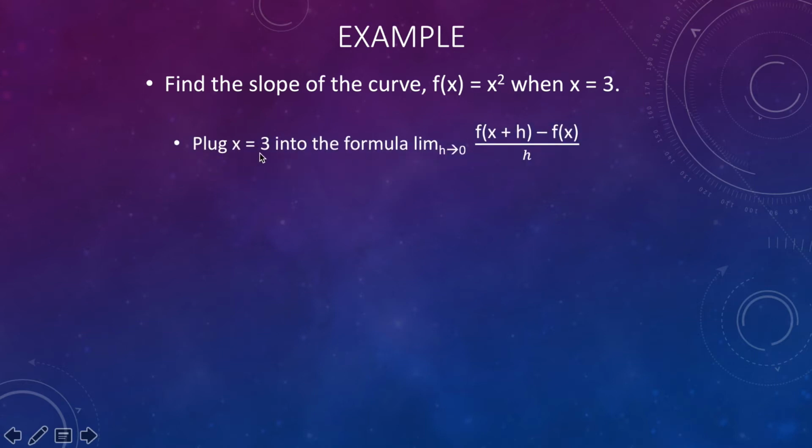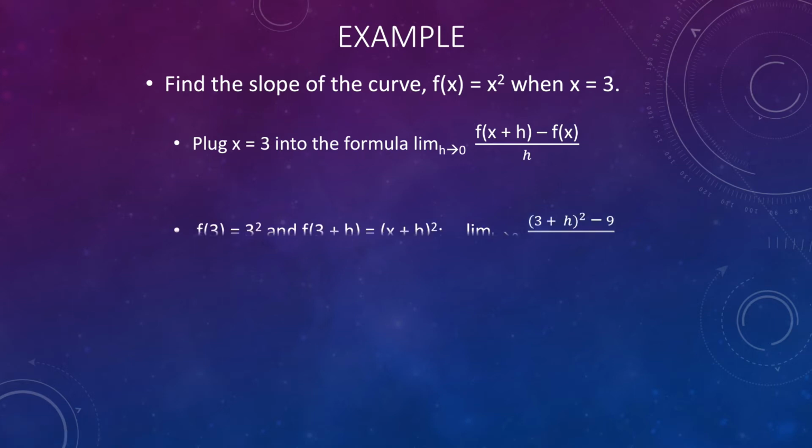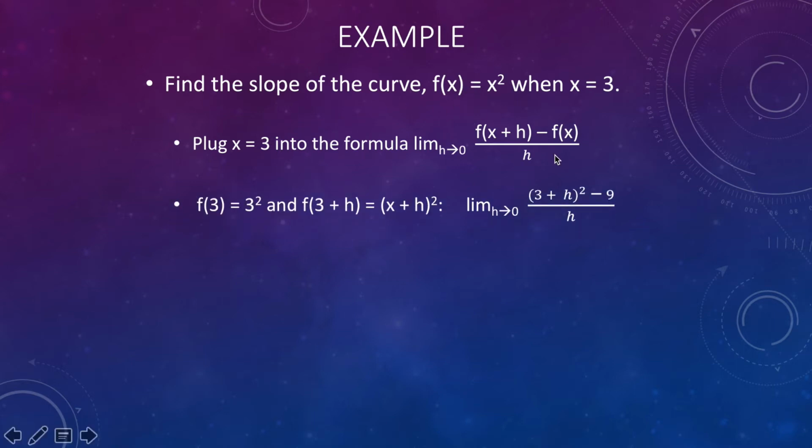So plug x equals 3 into that formula, the definition of derivative. You need to memorize this, by the way. We're going to plug in 3 into this formula right here, and we're left with (3 plus h) squared minus 9 all over h. And then what we're going to do is FOIL, right?